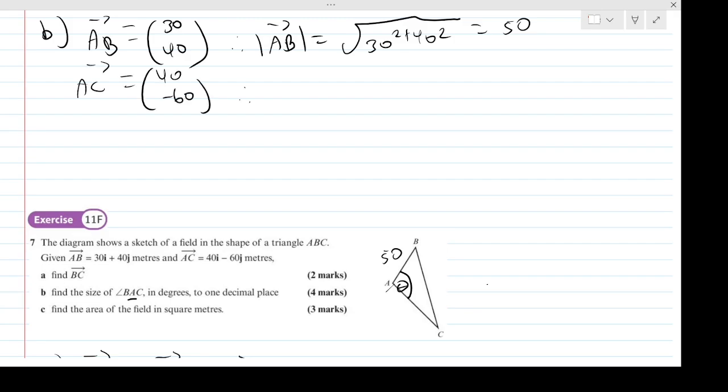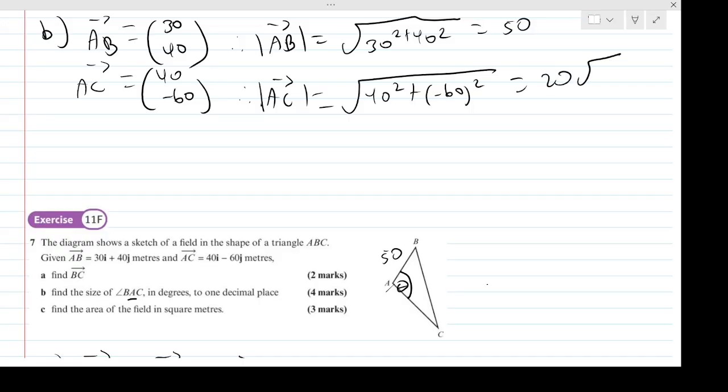So therefore the length of AC is going to be root 40 squared add minus 60 squared, which would be 20 root 13. Okay, so if we add that on, 20 root 13 here, there we are.